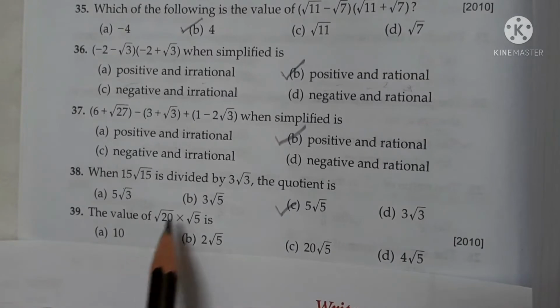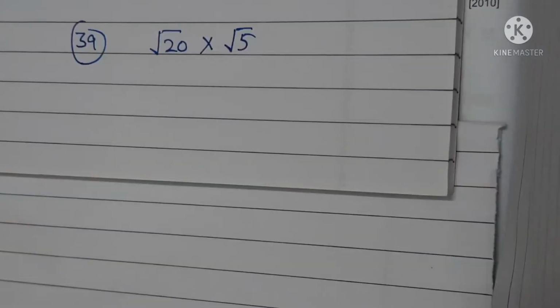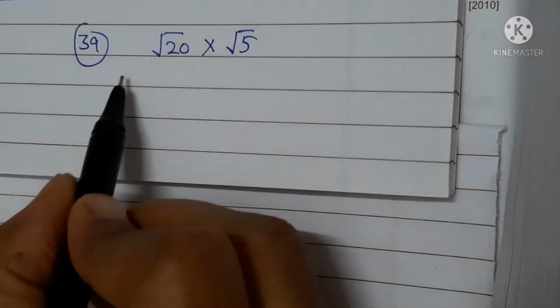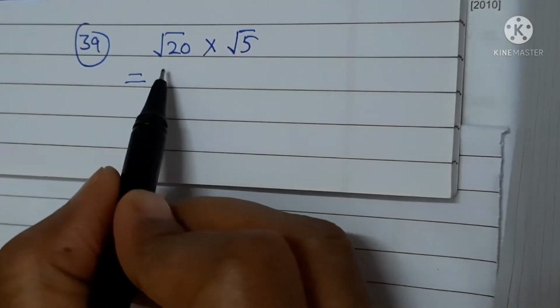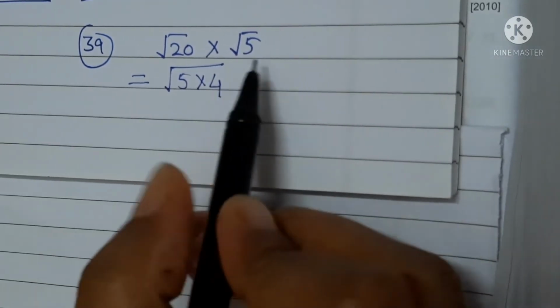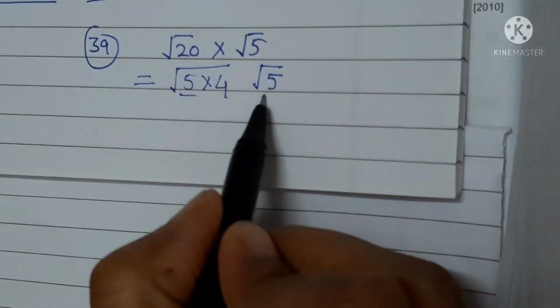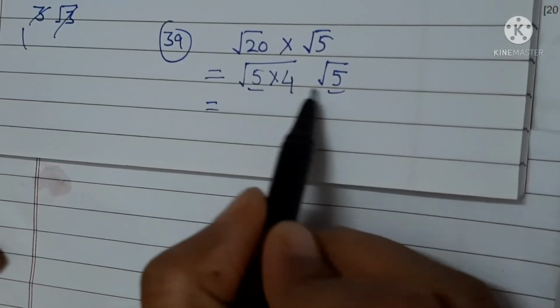Next, the value of √20 into √5. You can write √20, 5 fours are 20. So break it, 5 into 4 into √5. So here √5 and √5 become a perfect square.